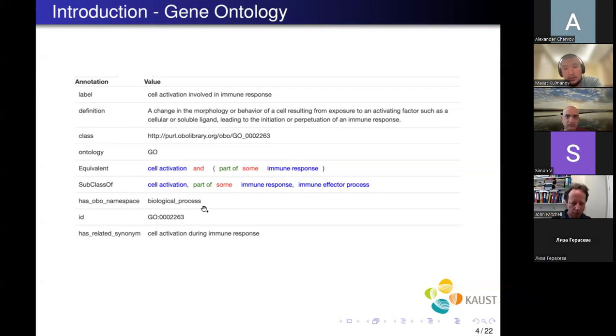So GO is very rich, and our main objective in the DeepGO projects was focused on the knowledge in the ontology.